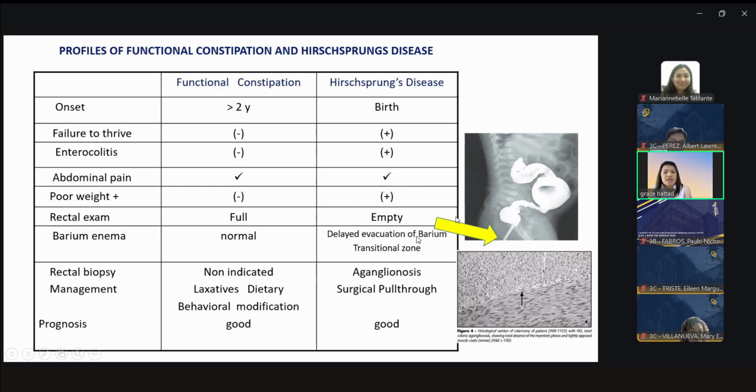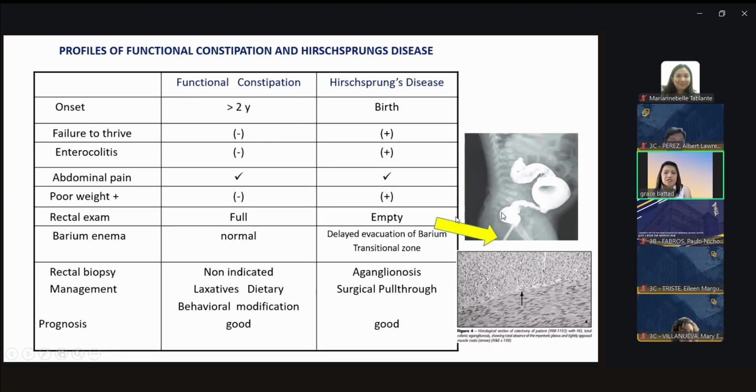If you do a rectal examination in constipation, you will feel fecal material in the rectal vault. So you have a full rectal vault. In Hirschsprung's disease, if you do a rectal exam, it is empty, because the aganglionic segment is not distended.